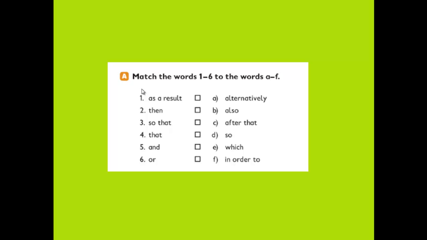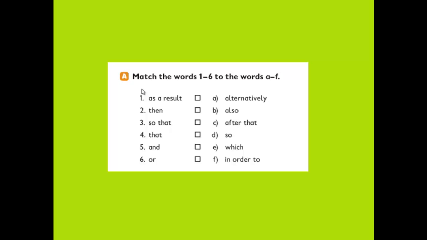We match this word, then, with number C, after that, because they share the same meaning. Number 3, so that. We will match it with number F, in order to.